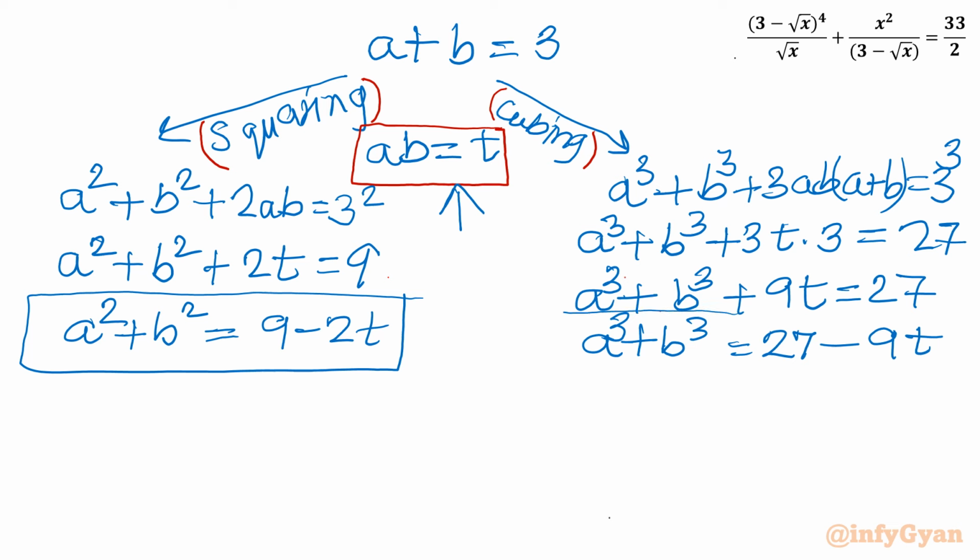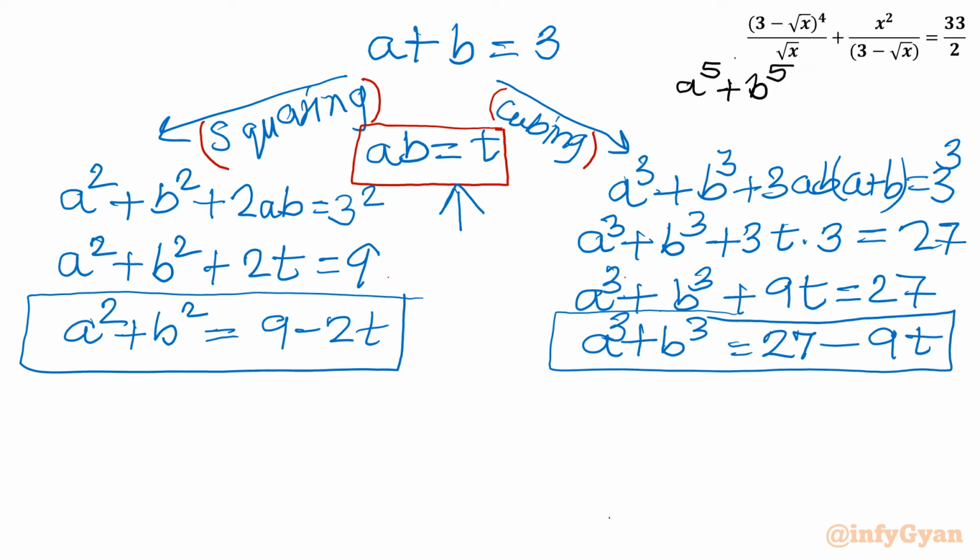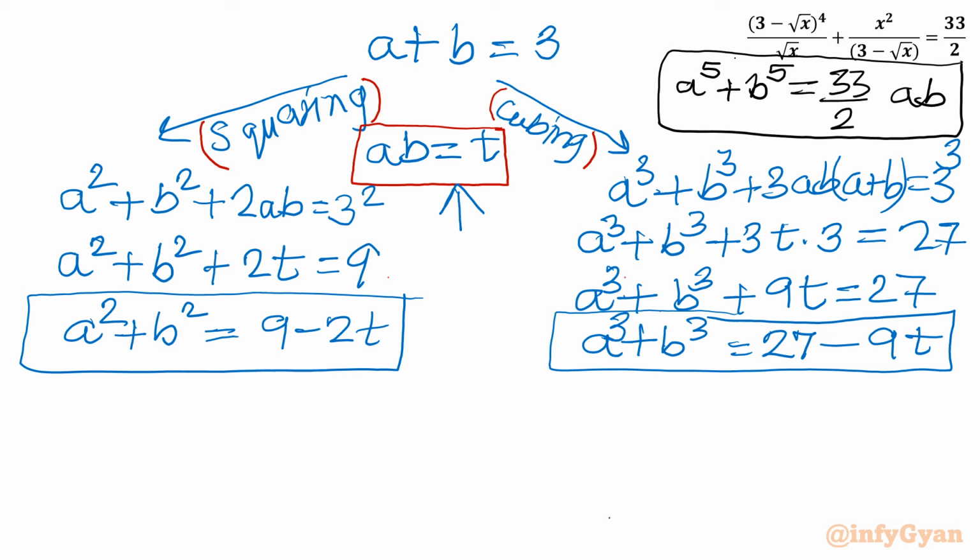Now we have a cube plus b cube ready, and we have a square plus b square ready. Let us utilize our equation. It was a power 5 plus b power 5, and this was 33 over 2 times ab. So I will find out a power 5 plus b power 5.